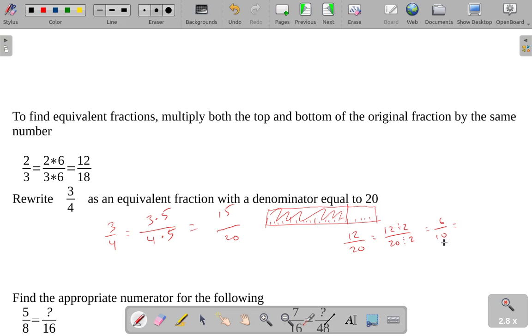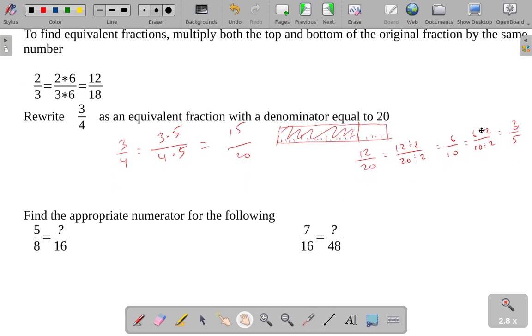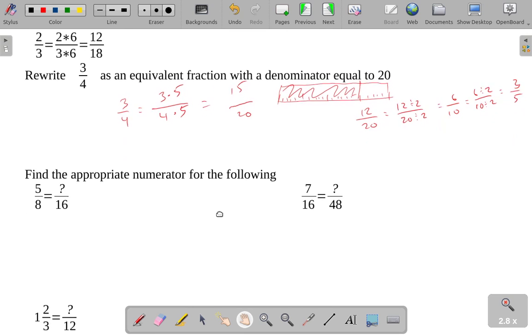They're still both even, so I could divide each of those numbers by 2 again to get even smaller numbers. And I could get 3 over 5. And so instead of writing 12 over 20, I could deal with 3 over 5, which has smaller numbers, but you can see through this process that they are equivalent to each other. I chose to divide by 2 twice on both top and bottom. If you had noticed that both the top and the bottom are divisible by 4, you could actually have gotten there in one step.